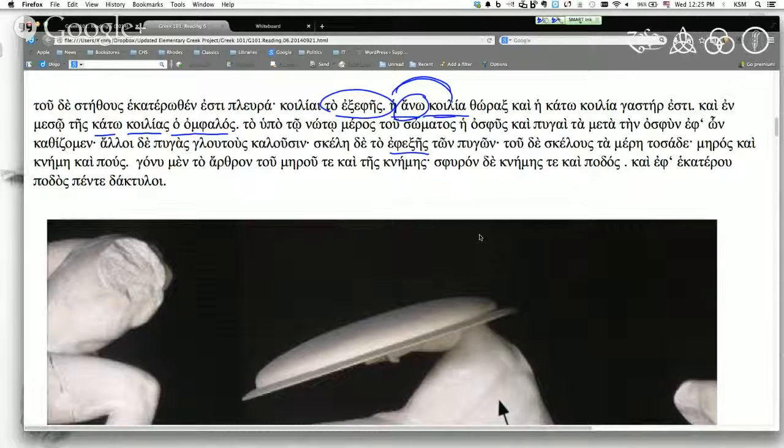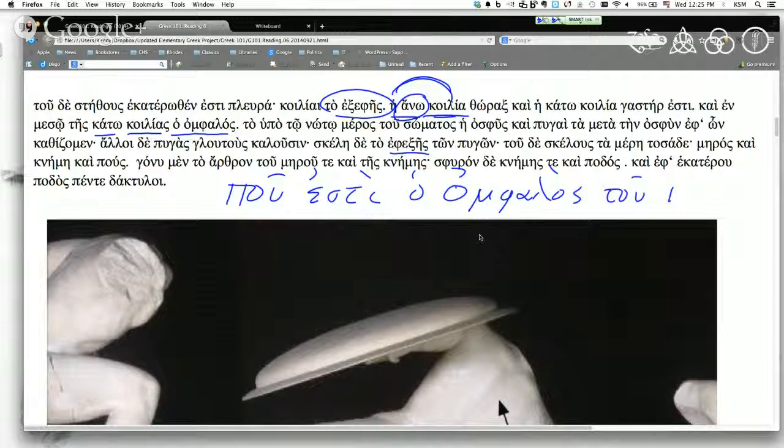Pu esta? Here's a question. Pu esta? Omphalos to Cosmo.